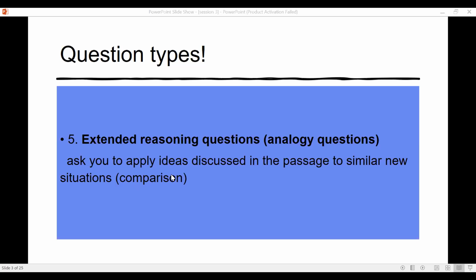There is a situation in the passage and you want to find a similar situation, a new idea in the 4 answer choices, but you need to pick the one that is most similar to the one stated in the passage. And this is what we call the analogy questions, or the comparison questions, or, as Erica called them, extended reasoning questions.